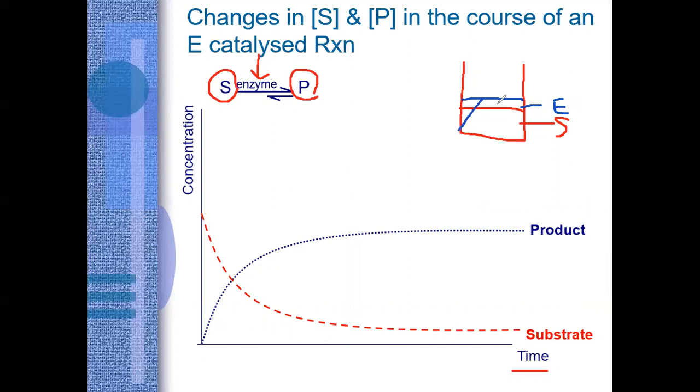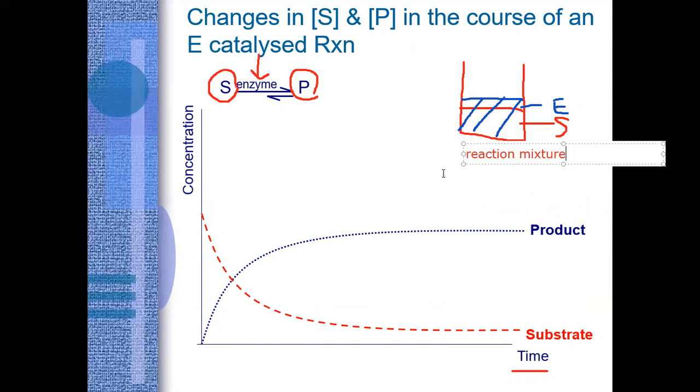Now you've got a mixture of enzyme and substrate in your beaker. This is called the reaction mixture. Remember, that means when you mix these two together, reaction will occur. So it's called a reaction mixture.